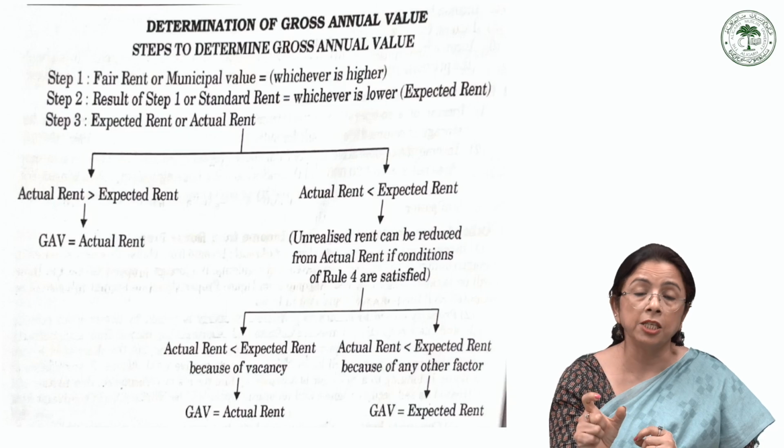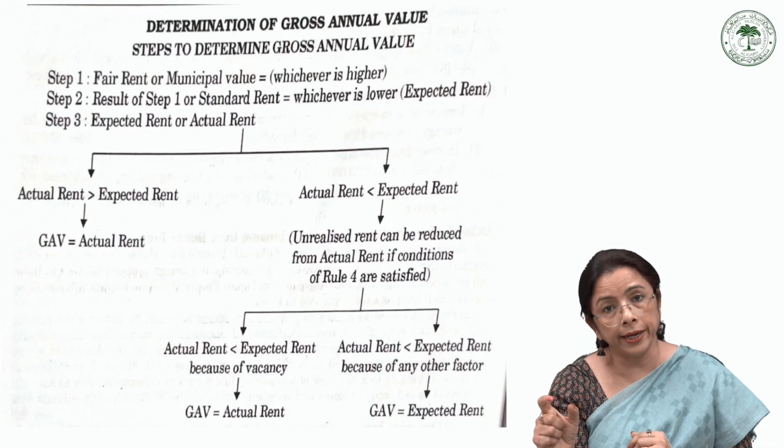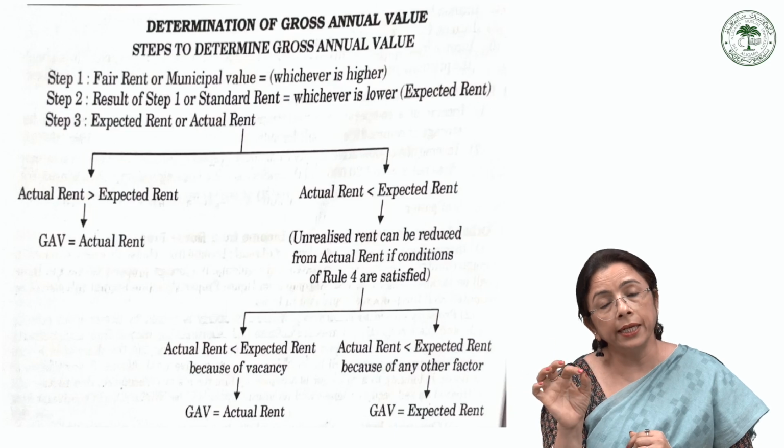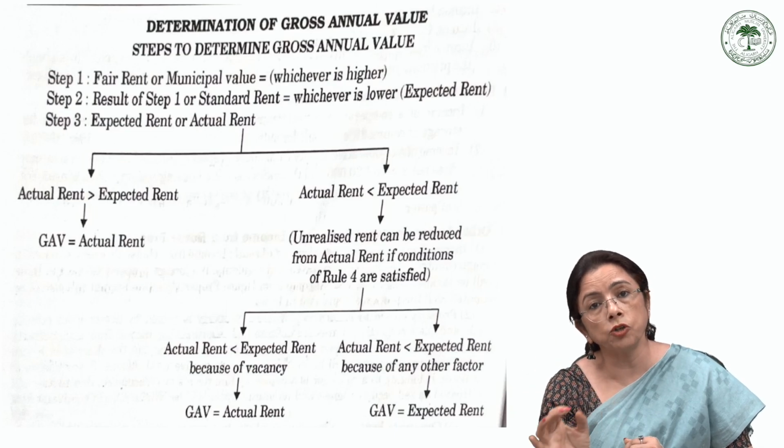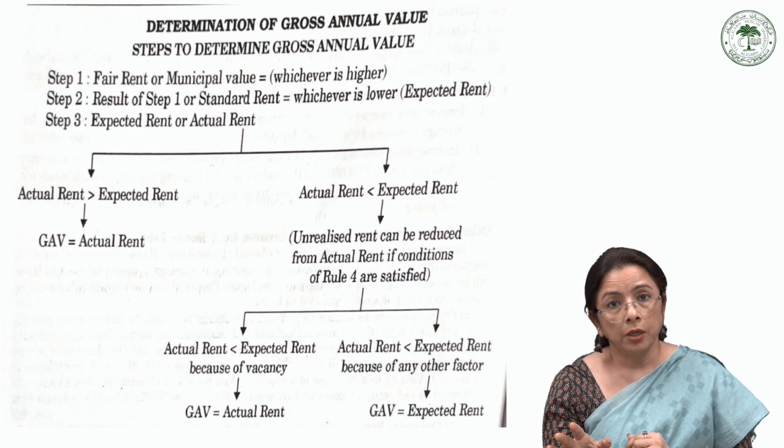And what is unrealized rent? It is when the house is on rent for the whole year, but the tenant has paid only for 10 months and has not paid the rent for 2 months, but he used the house. So this is the difference.